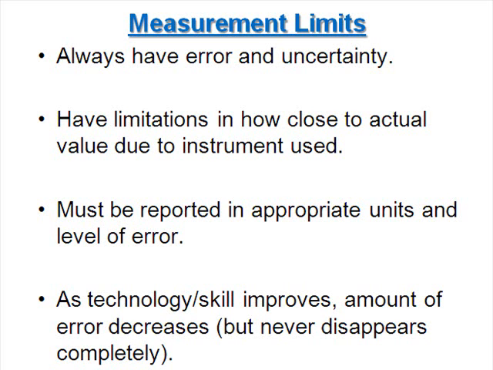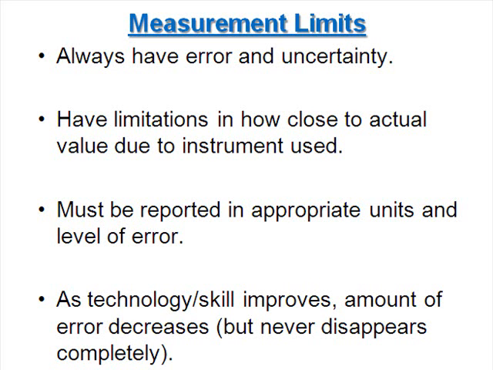If you used a meter stick versus perhaps a laser measuring system, you're going to get different numbers. And so there's an error or uncertainty in part due to how you made the measurement or the instrument that you used.